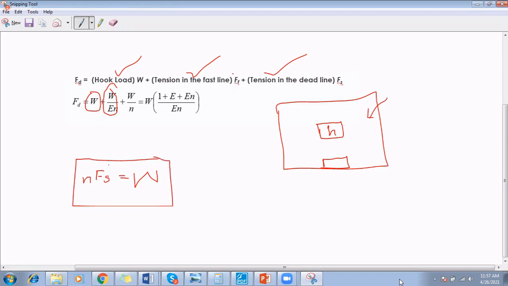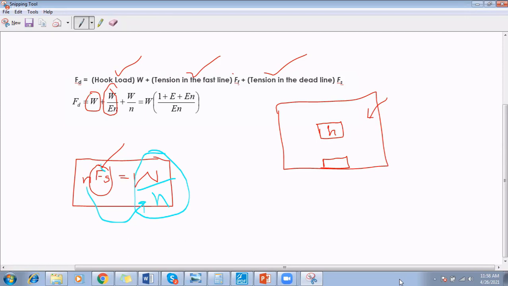So here you want to find the tension or the force on the dead line. So what you will do is just take this n to the other side. So you will just divide this W with n. So as a result, you will get the Fs.